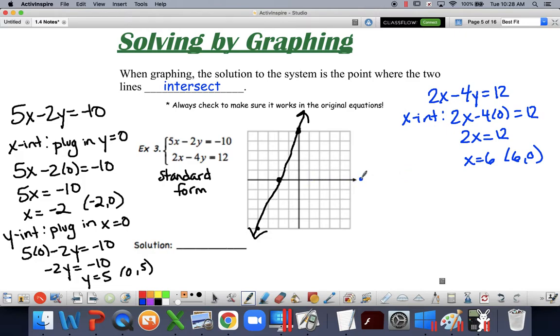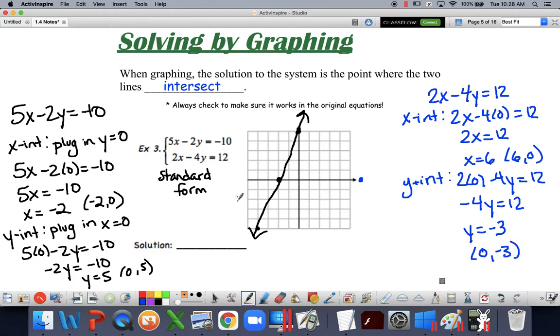My y-intercept, I'm going to plug in x is equal to 0. I get 0, negative 3.